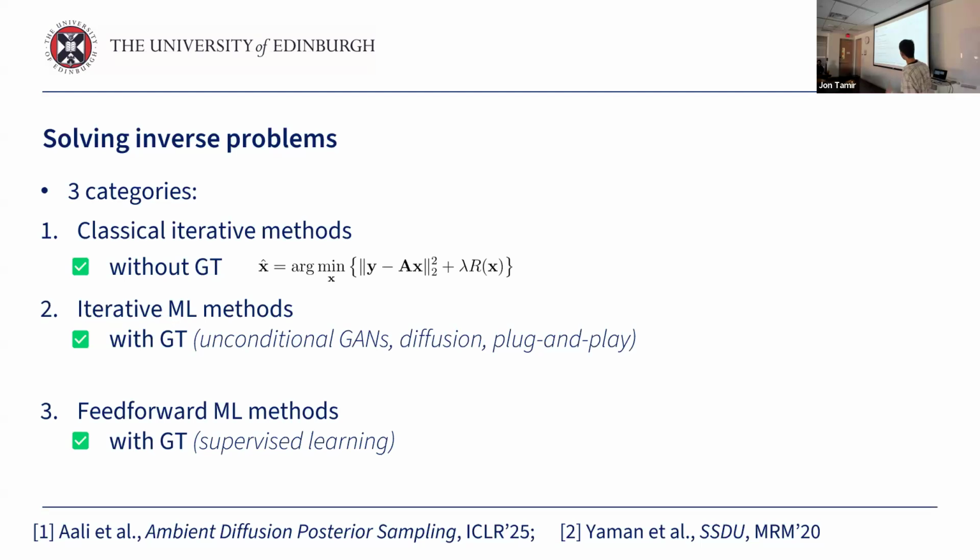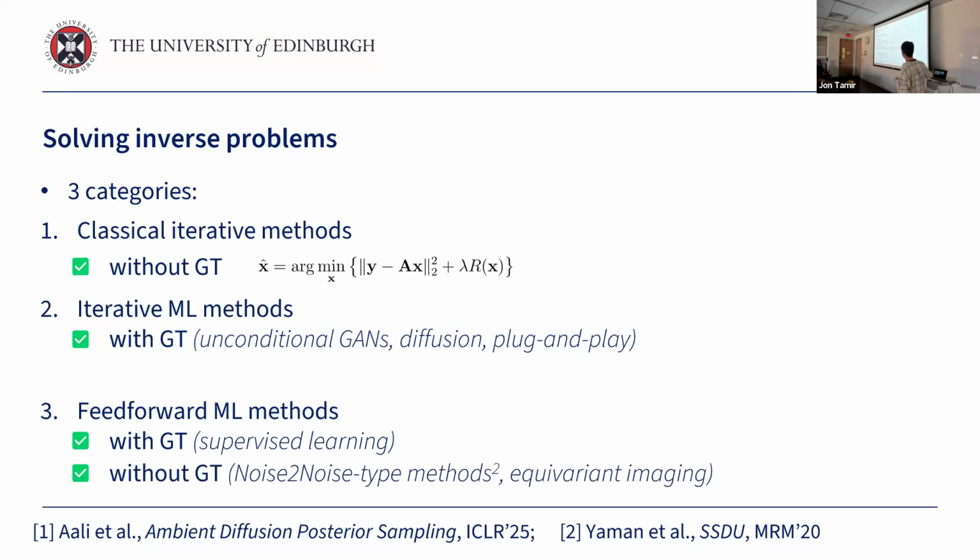On the other side, there are feed-forward machine learning methods, which is your standard machine learning when you first take a machine learning course. You have the neural network, you pass in something as input, and then you have something as the output, and then you compare that with your ground truth. This is what I was showing earlier, two slides ago. Now there have been many loss functions proposed for this kind of training. I like this training because it's relatively simple.